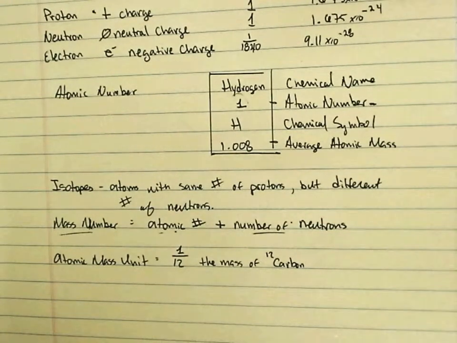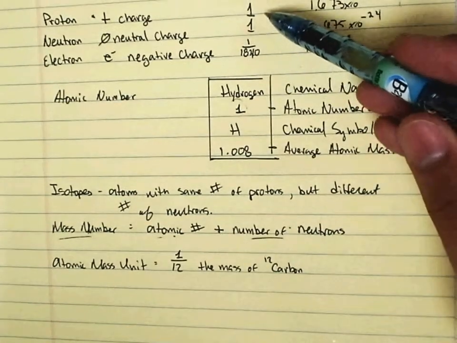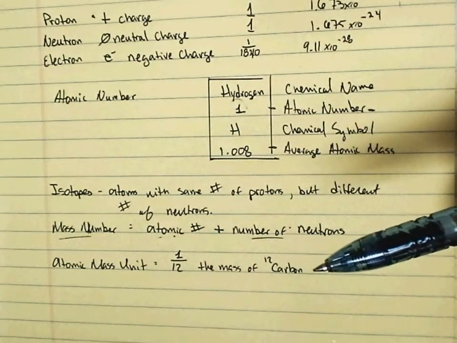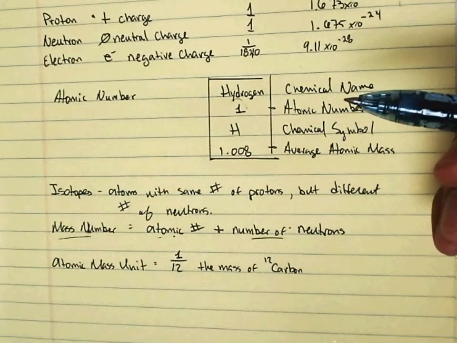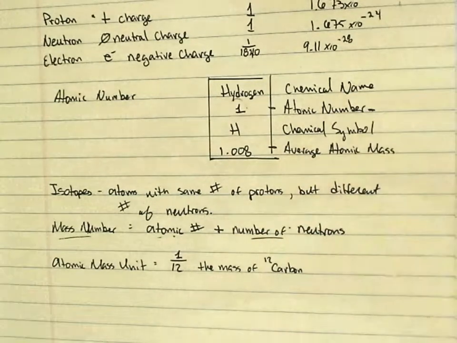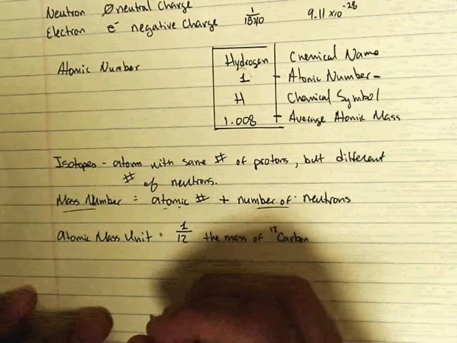The last one is, why are atomic masses not whole numbers? If we see that a proton and a neutron are 1, then if we're adding protons and neutrons, our atomic mass should be whole, but they are not. And they are not because of isotopes. Because isotopes have different numbers of neutrons, we will find the average, and then this will give us fractions or decimals.